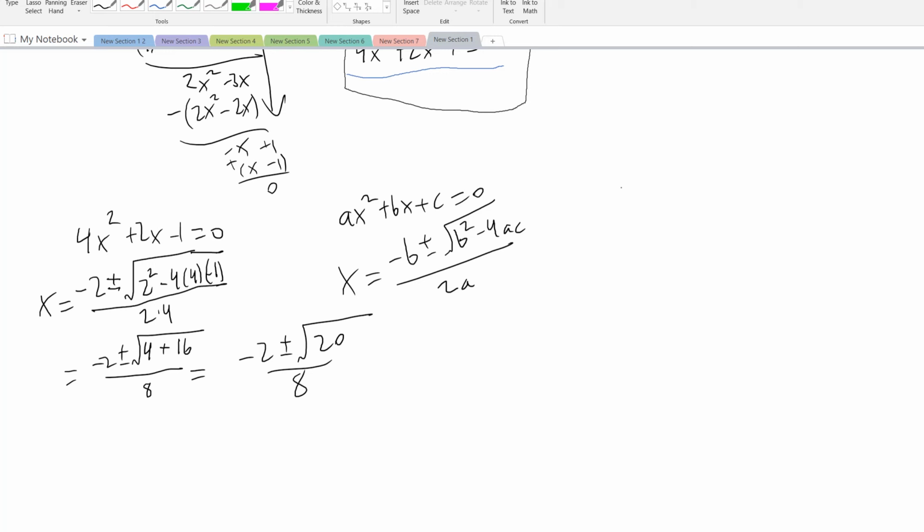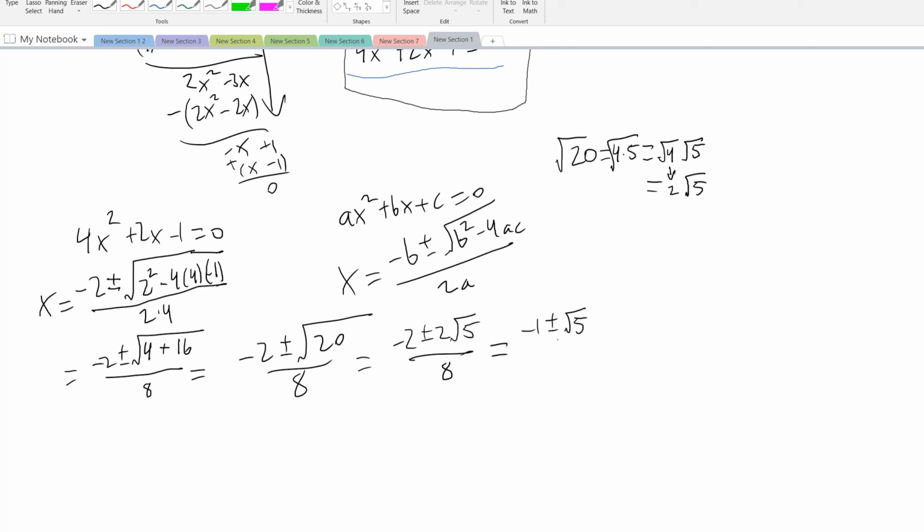Now 20 can be written as 4 times 5. So when I take the square root of that, I can rewrite it as the square root of 4 times the square root of 5, and the square root of 4 simplifies to 2. So we get negative 2 plus or minus 2 root 5, all over 8. And if I cancel a 2 from everywhere, we get negative 1 plus or minus the square root of 5, over 4.